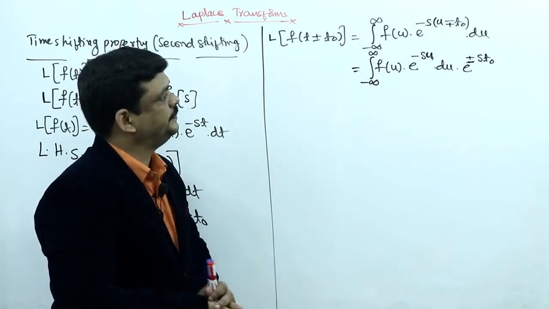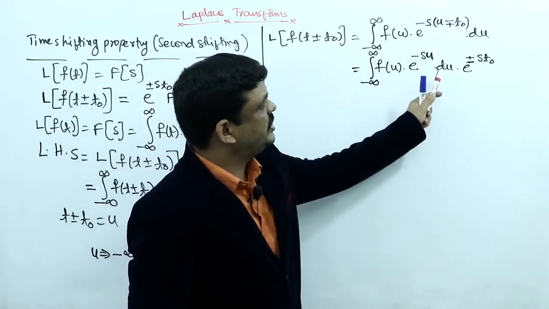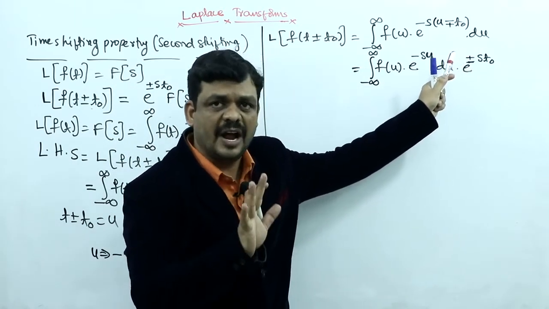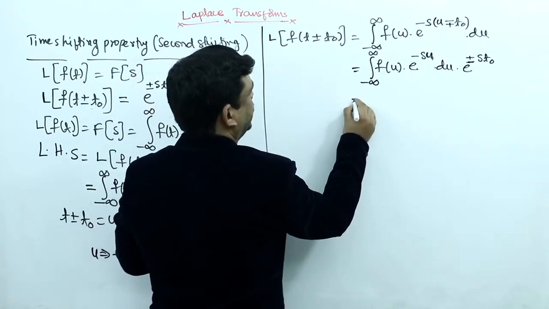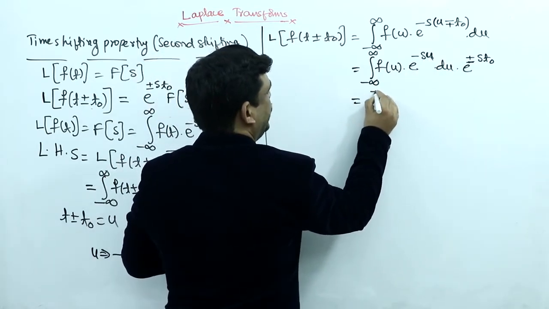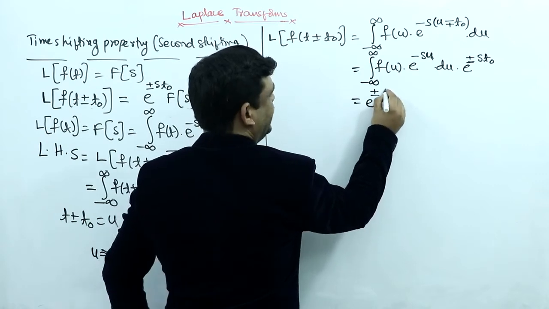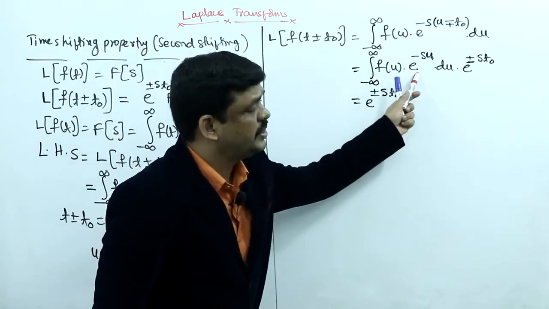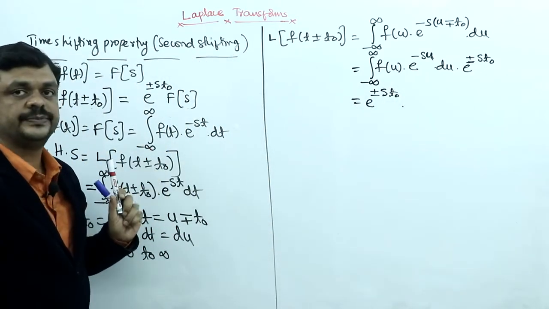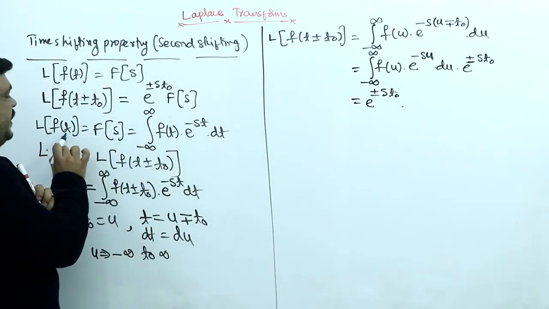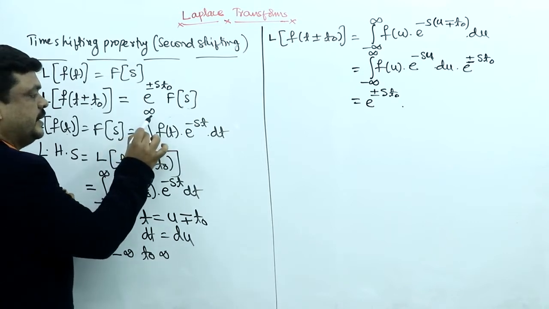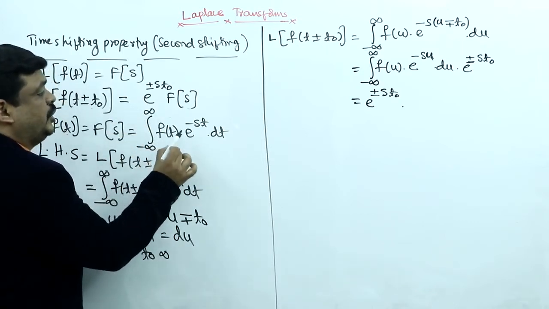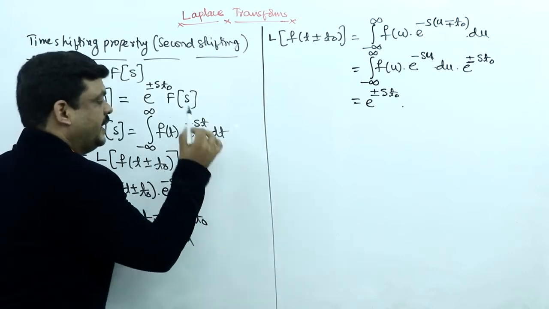Now observe this equation. Here the integration with respect to u is there, but in this term u is not defined. That's why I am writing that part as it is, e to the power of plus or minus s t naught. This equation looks like this equation here. See, Laplace transform of f of t is F of s, that is the integration from minus infinity to plus infinity, f of t into e to the power of minus st dt.